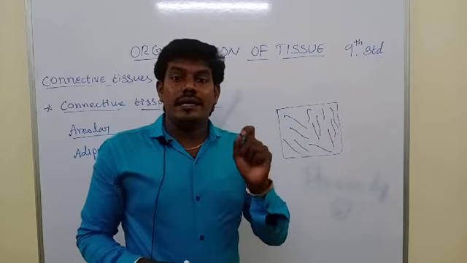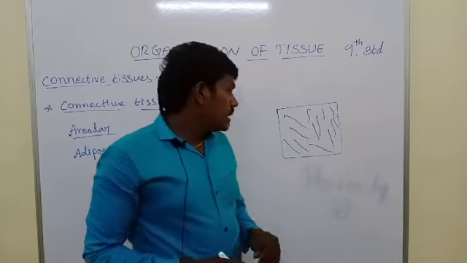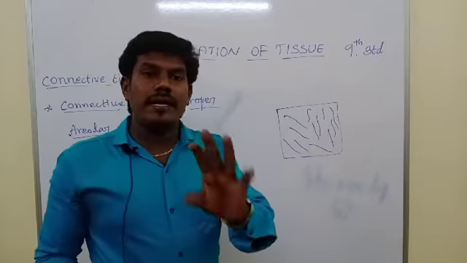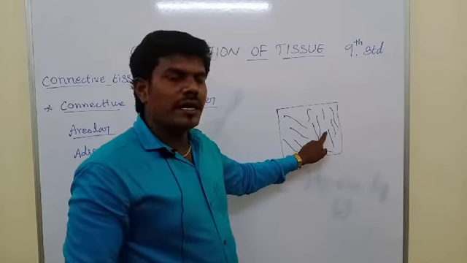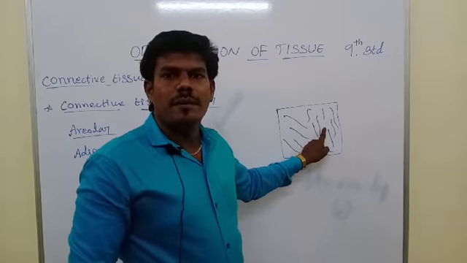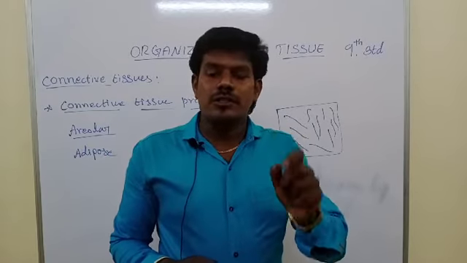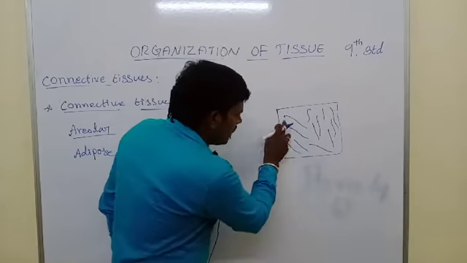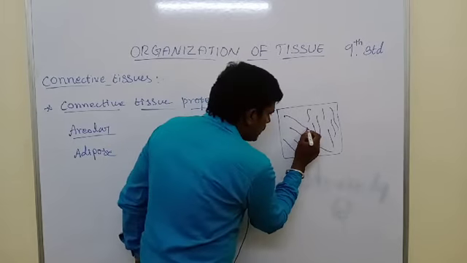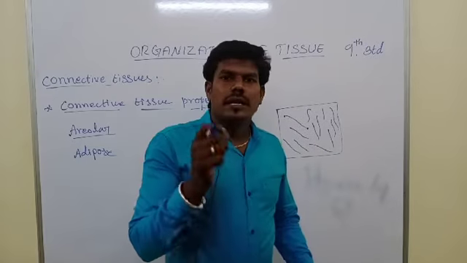It takes the form of fine threads. That means it has a thread-like, fibrous structure, and in every direction there are small spaces called areolae. An areola is a small space.